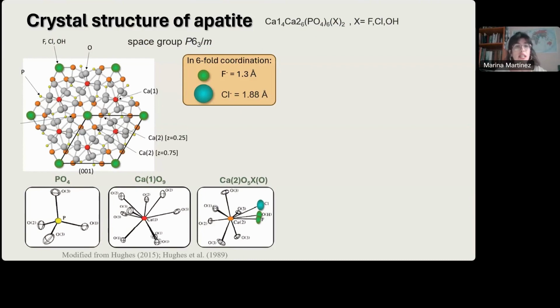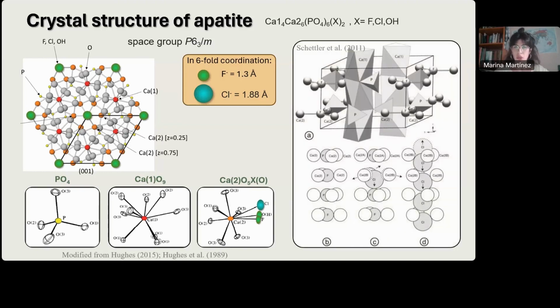Then we have the Ca1 O9 polyhedra, which experience little response to halogen substitution, but recent studies have demonstrated that this can change. And then we have the one that changes the most, the Ca2 O5 X polyhedra, because this calcium is bonded to the halogens. There's a huge difference between the sizes of fluorine and chlorine.